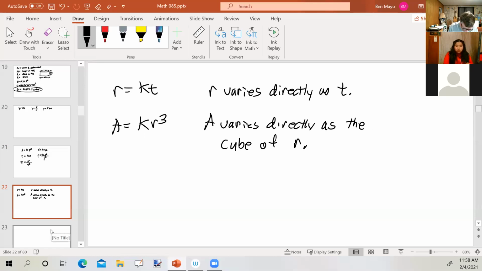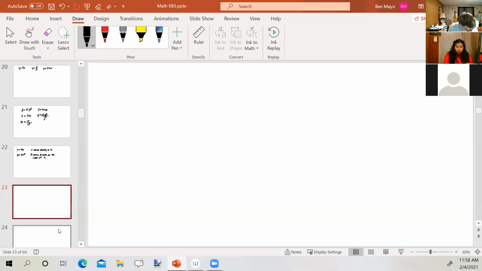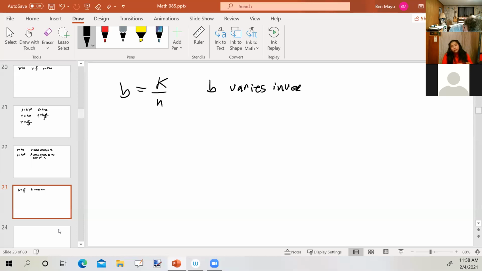Let's see. B equals K over H. B varies inversely as H.